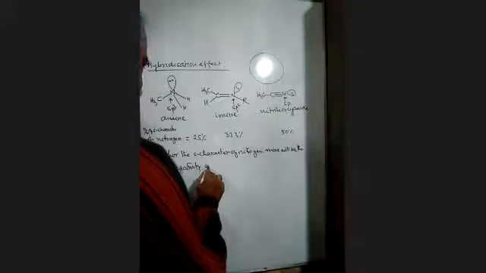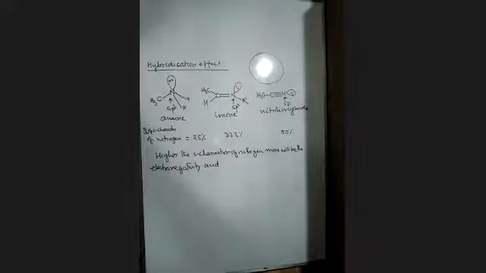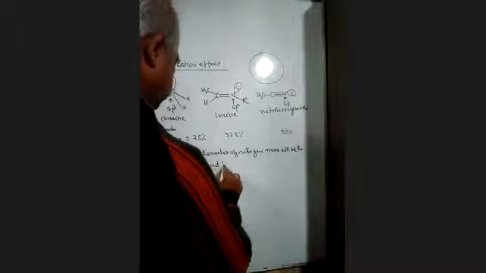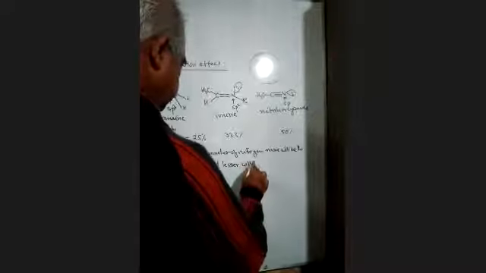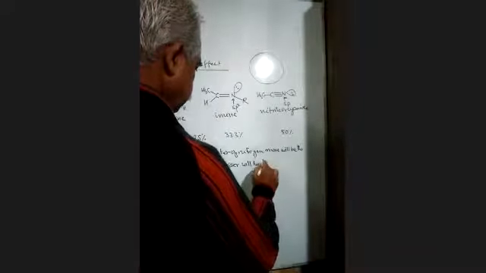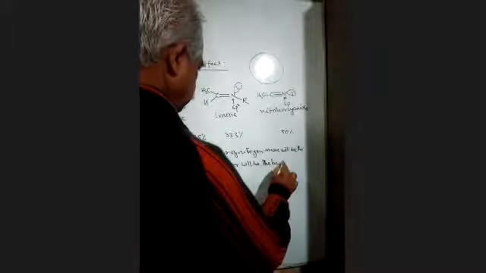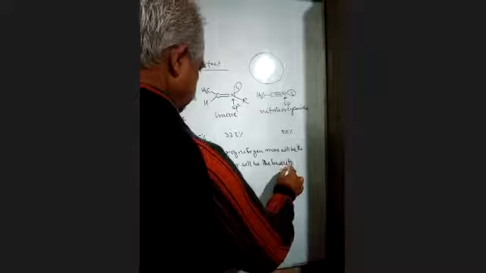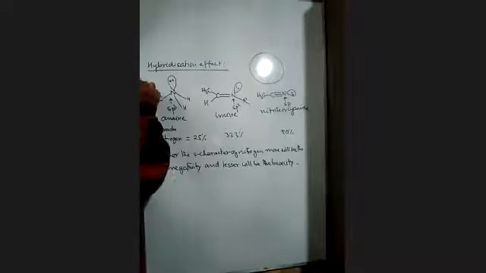And by electronegativity, do they give electron or hold electron? They hold electron, they don't like to give. And lesser will be the basicity. So what we can write now here, basicity is what?